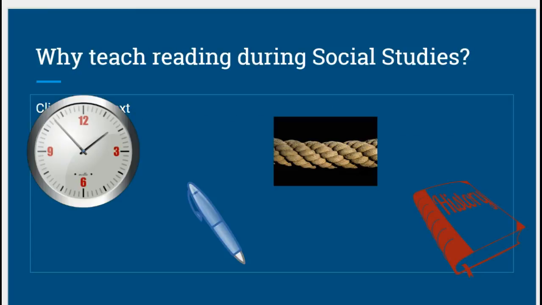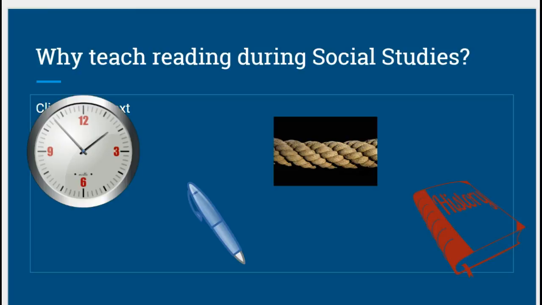So why teach reading during social studies? Well, I have 4 pictures for you. First, the clock. That 25 minutes goes by really quick. And so by integrating language arts and social studies, we can buy more time for social studies. Also, I have the picture of that rope so that we can think about those 8 strands of social studies that kids really need to understand.